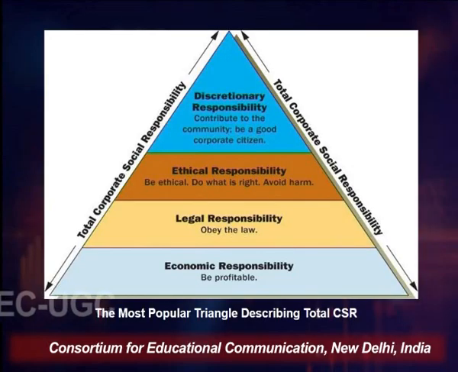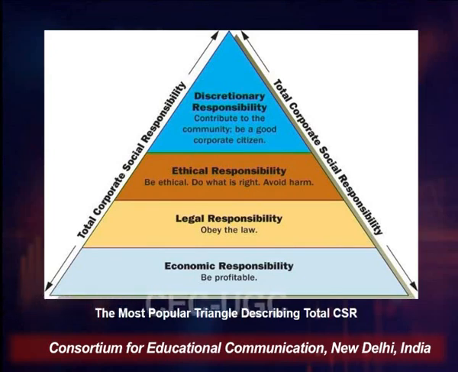If we look at the most popular triangle which can describe the total CSR, this is a triangle which you will find everywhere, in most presentations and most of the literature on CSR.